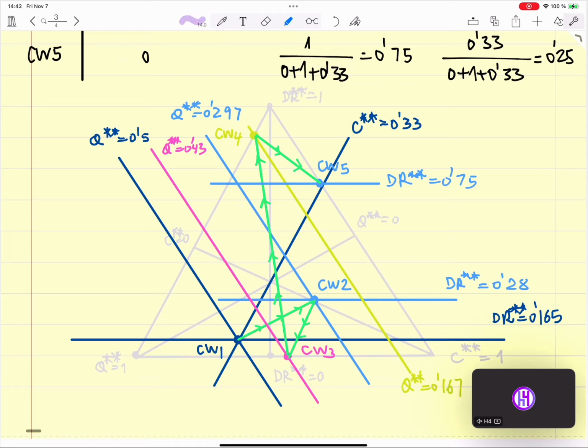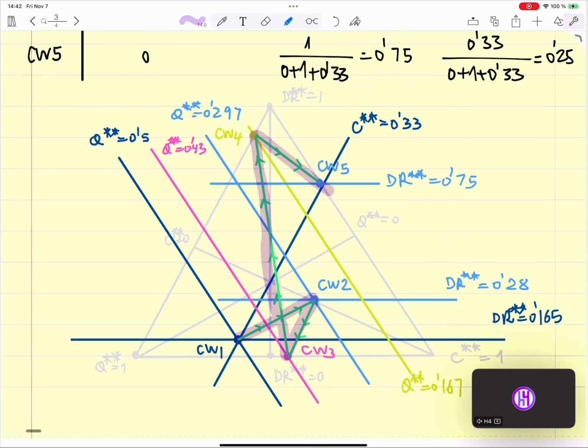Okay, so we have this behavior. Or better said, if you want to follow the path like this, this is the way the organization is moving in its dynamics.